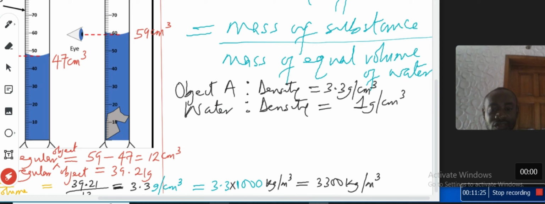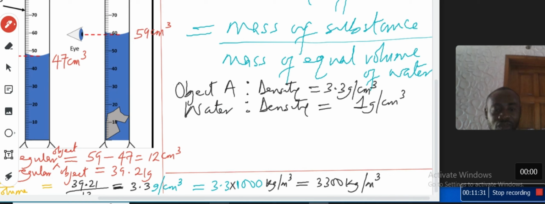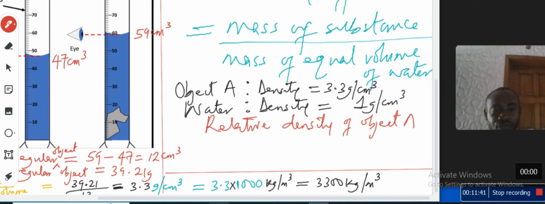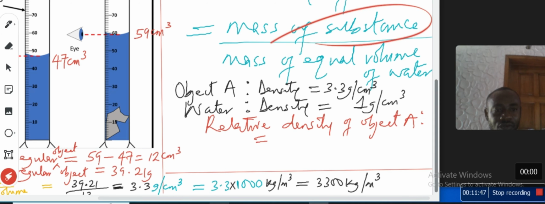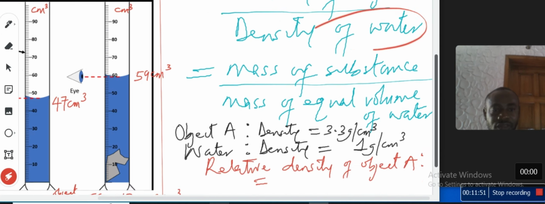So that means, let me just write that. I think after that we should be done with this. So it simply means relative density of object A is simply density of the object, which is 3.3, over density of water, which is 1.